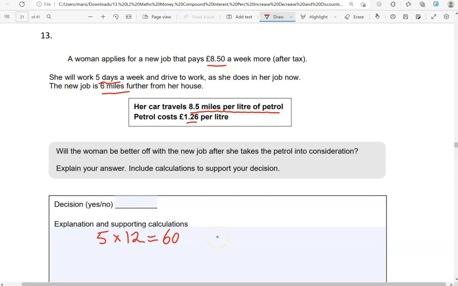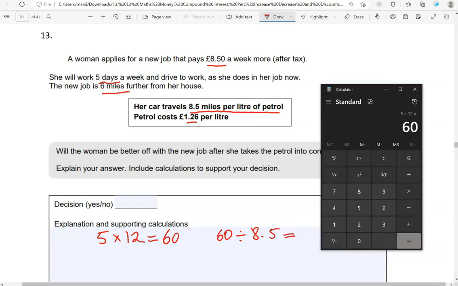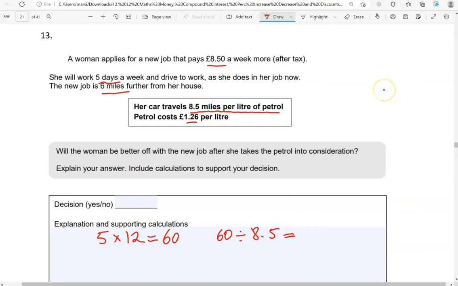So she needs to do 60 miles. If I divide that by 8.5, that should give us how many litres of petrol are needed. So 7.06. And if I multiply that by 1.26, should give us the cost.